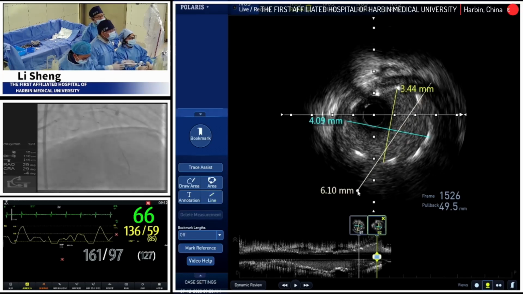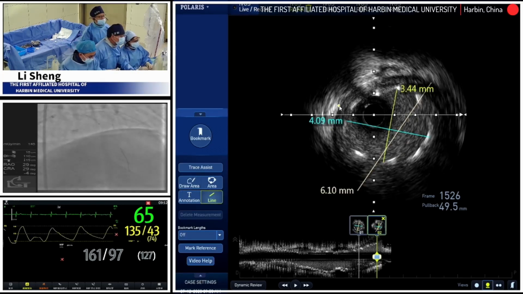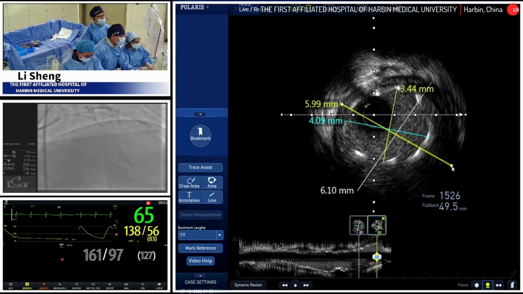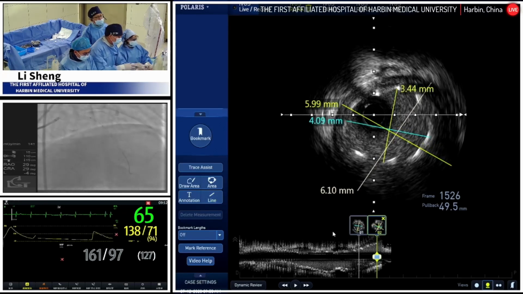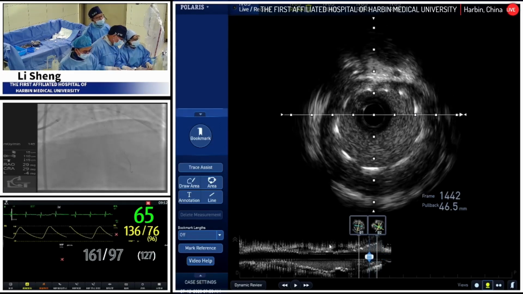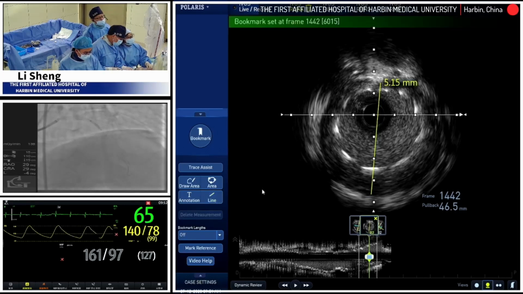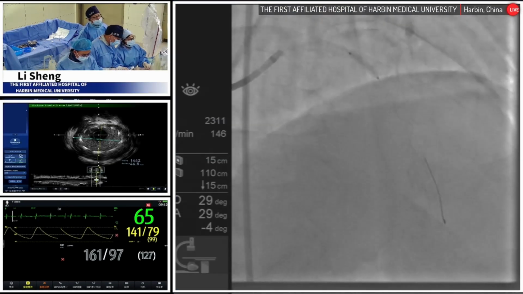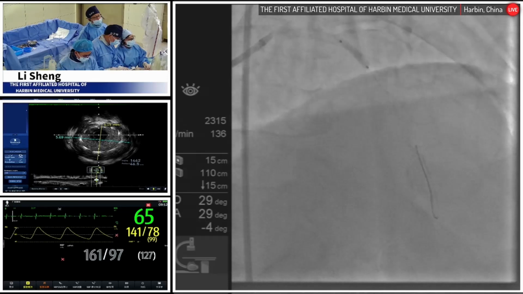So Dr. Sheng, you want to do the post-dilatation of the first stent first or the second stent? The first stent first. Okay. 10. 12. 14. 16.